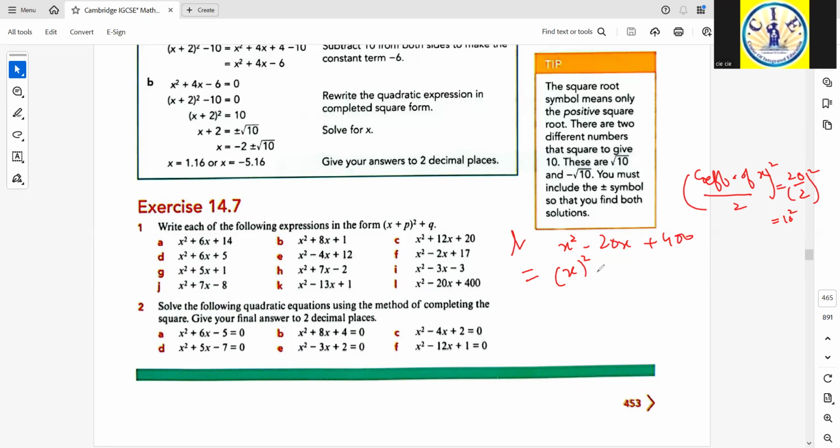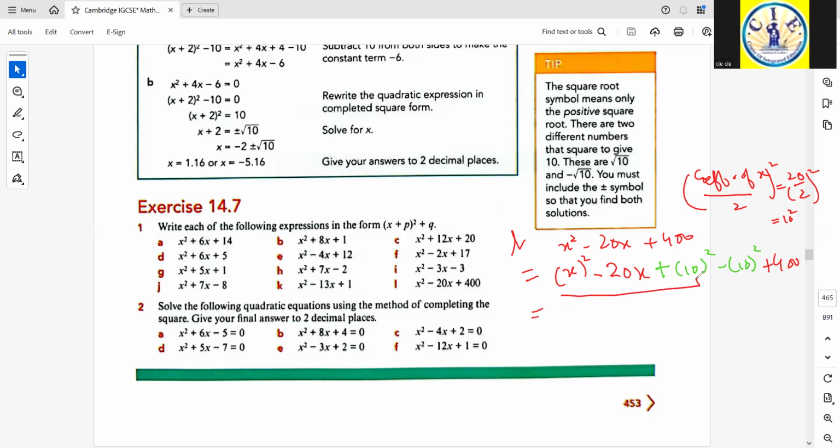First two terms are the same. Just we need to add 10 square and then subtract 10 square. Then the last constant number is coming there without any change.